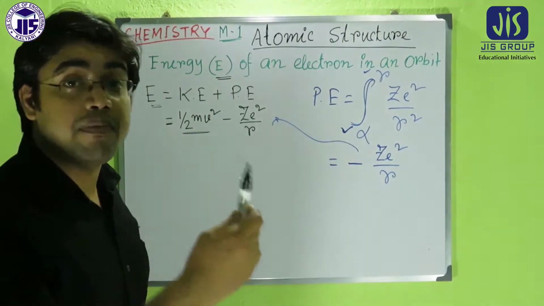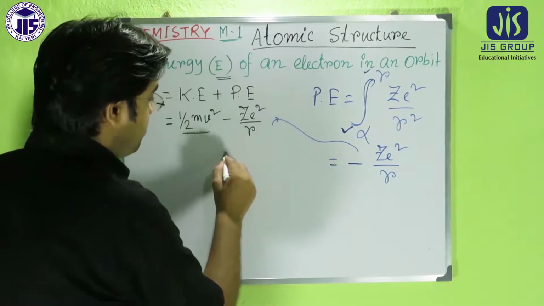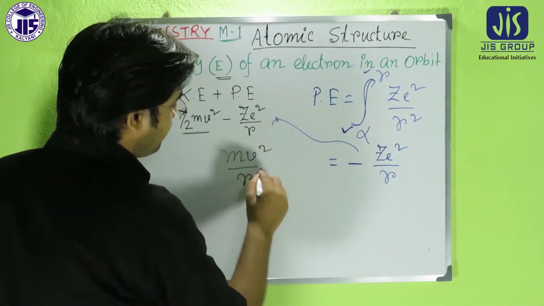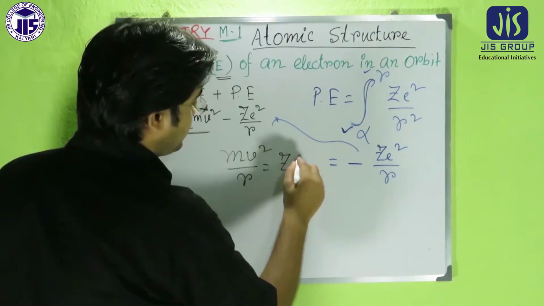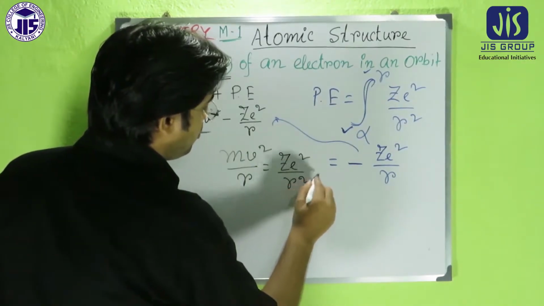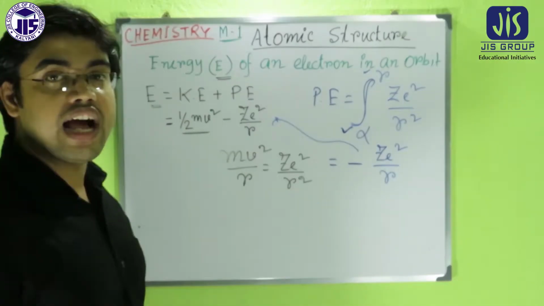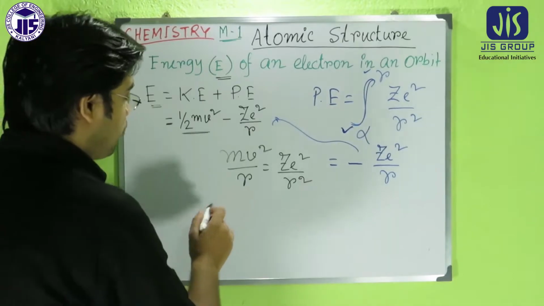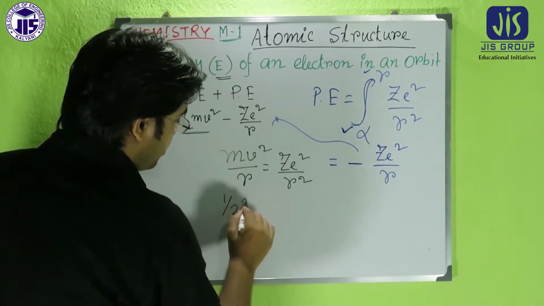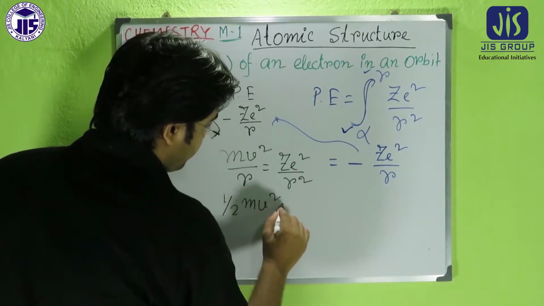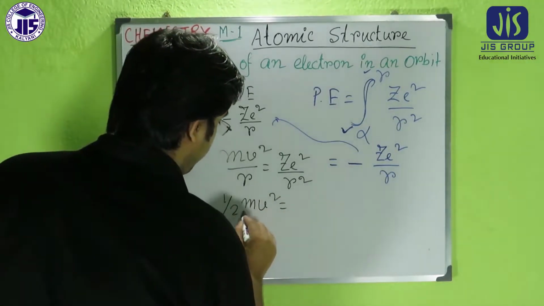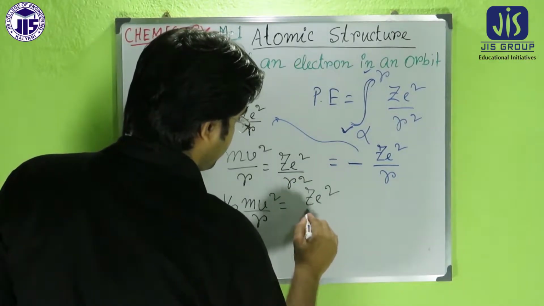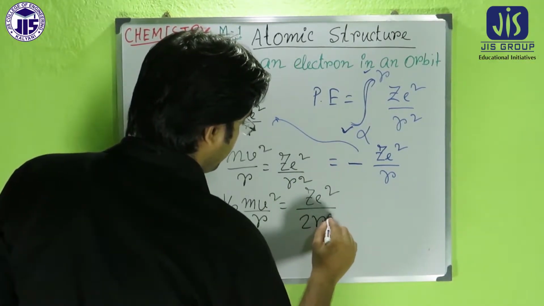We already established the equation that mv square by r equals Z e square by r square. So from there we can write down half mv square by r equals Z e square by 2r square.